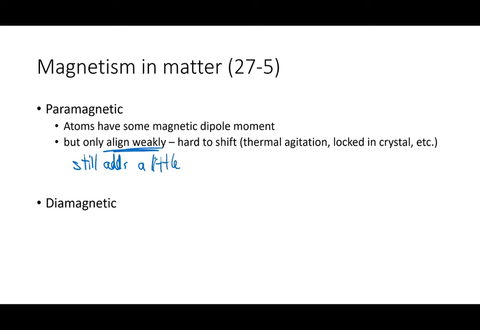And so your kappa B is in fact greater than 1 because you're still adding. But we're usually talking about on the order of 1.00001. The effect is very small for most of these things. And then as soon as the magnetic field goes away, they tend to get randomly jostled back around, and you lose that magnetism.